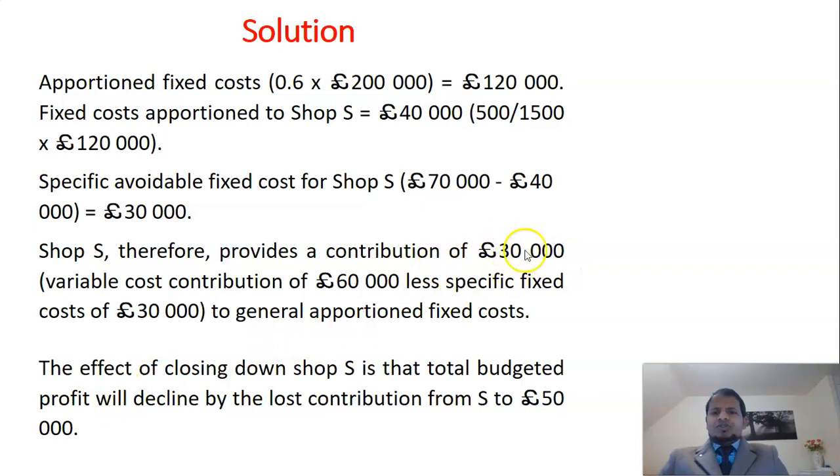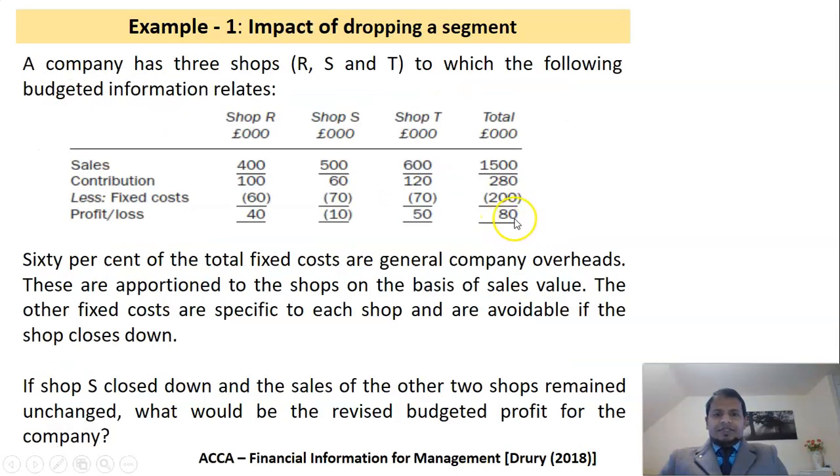You are losing the remaining 30,000 because of closing S. The current profit is 80,000. So you lose 30,000 from S net.